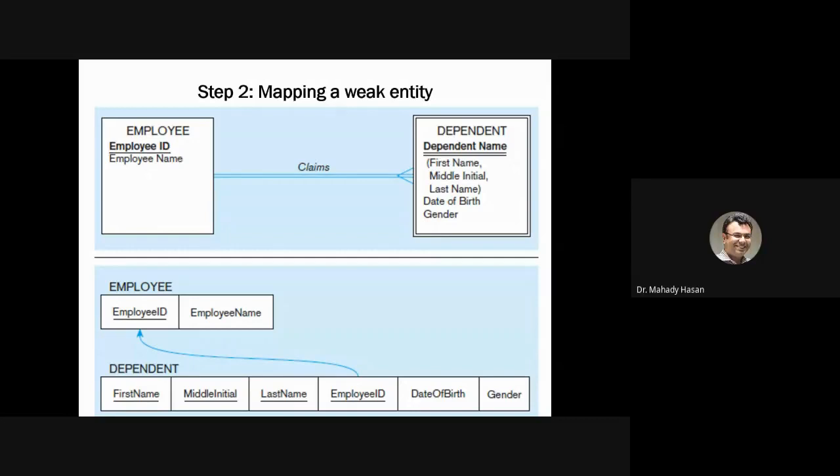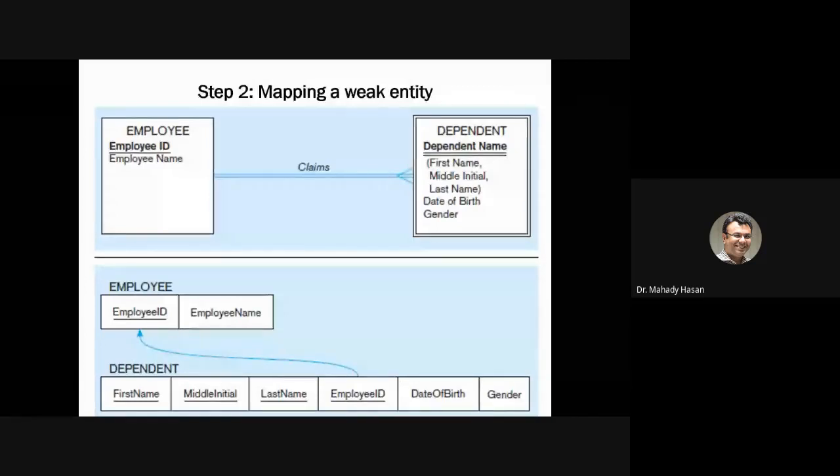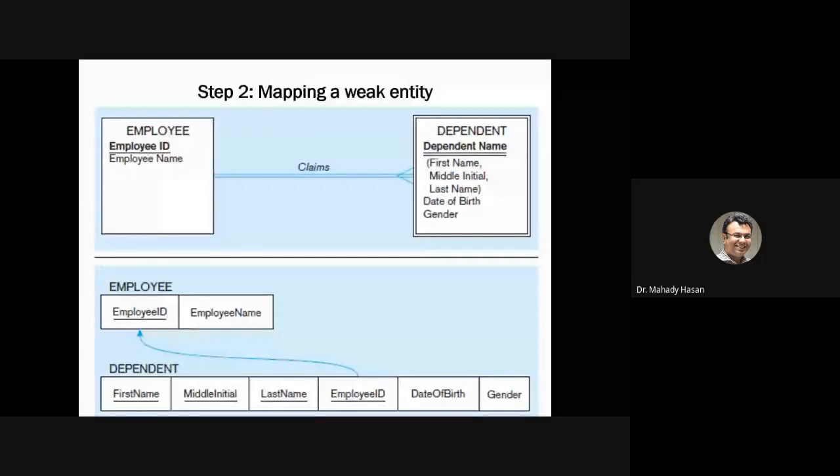Sir, the entity that is mainly dependent on the primary key. No. A weak entity doesn't have any primary key. A weak entity is considered weak because it doesn't have any primary key. Okay? Yes, sir. So when someone doesn't have any primary key, only then it is known as a weak entity.